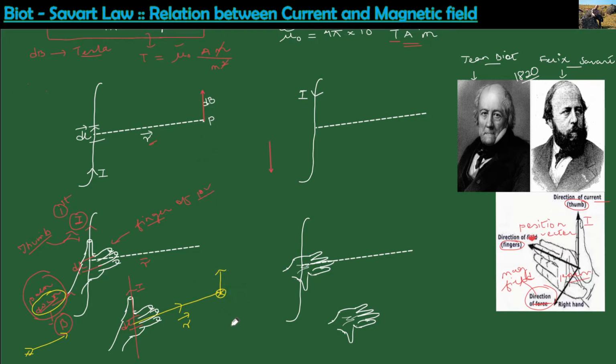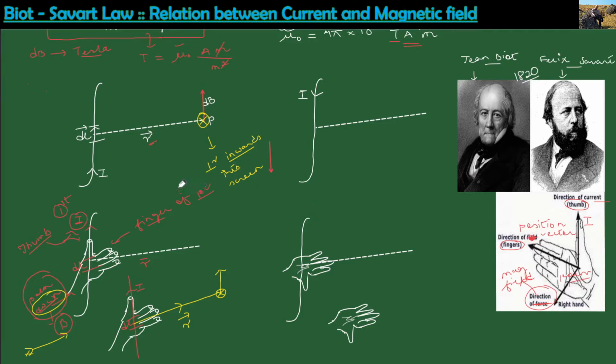So that is why over here we represent it by the cross mark. What does the cross mark indicate? That means the direction of B is perpendicular and inwards, or into the board. Over here it will be into the screen.